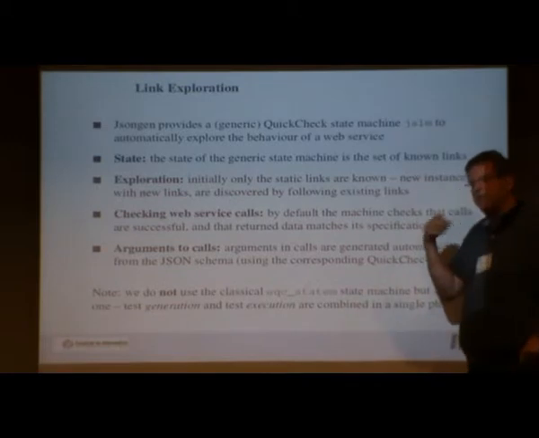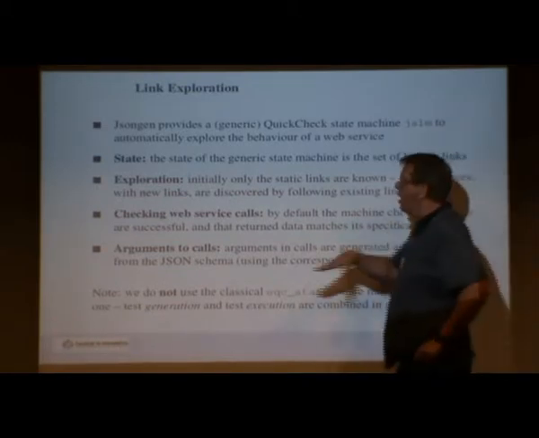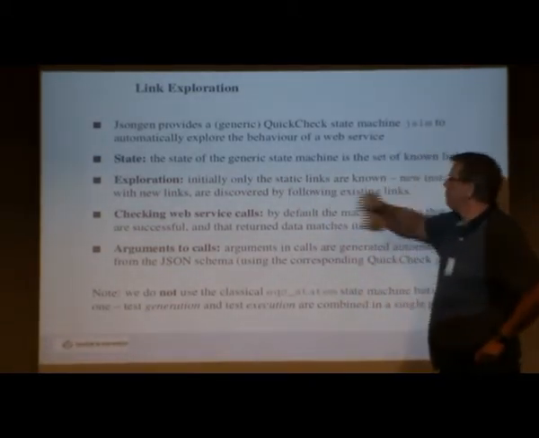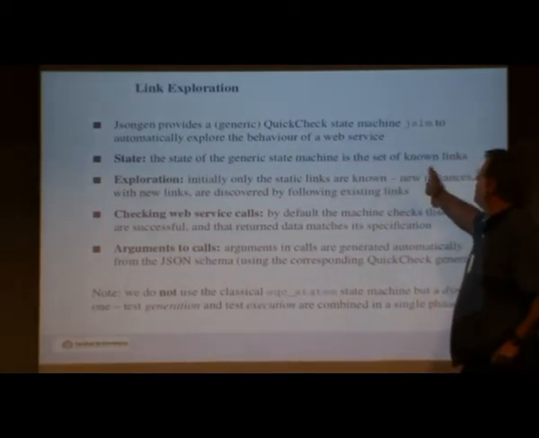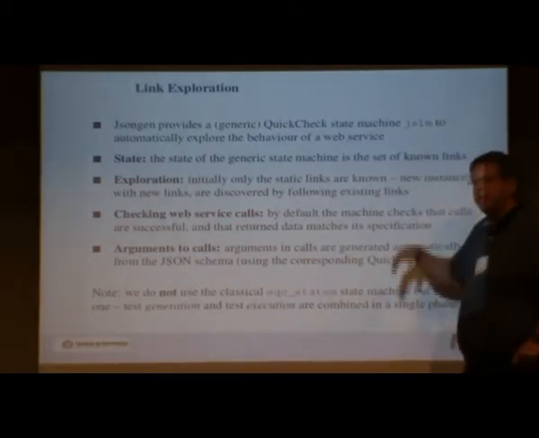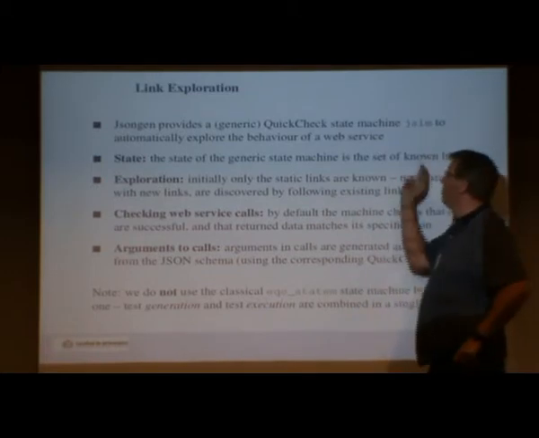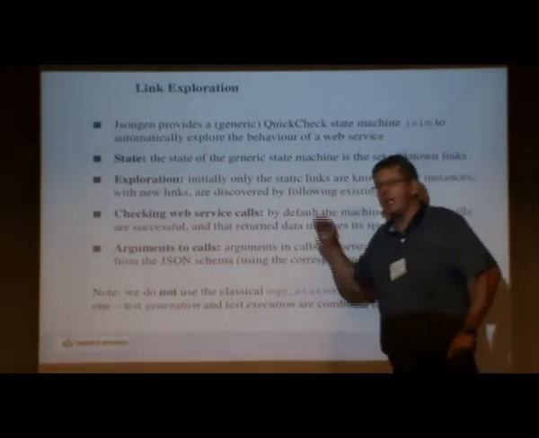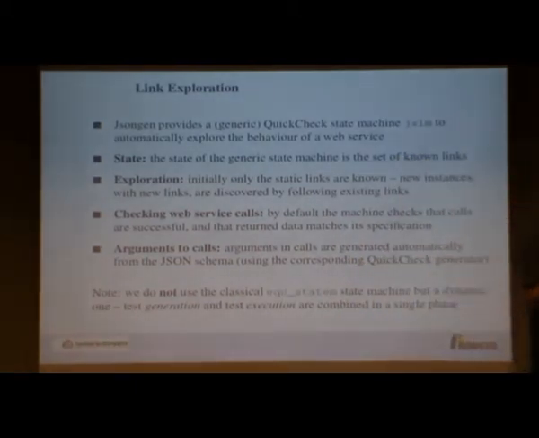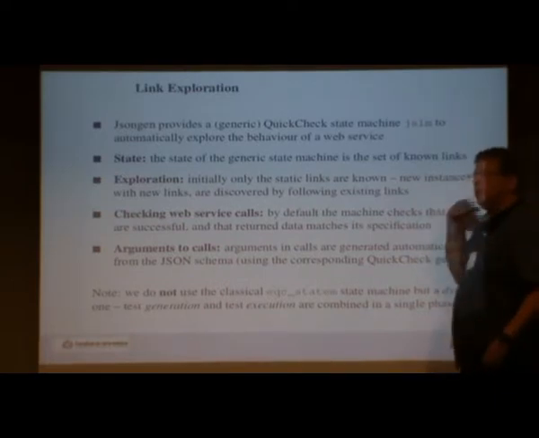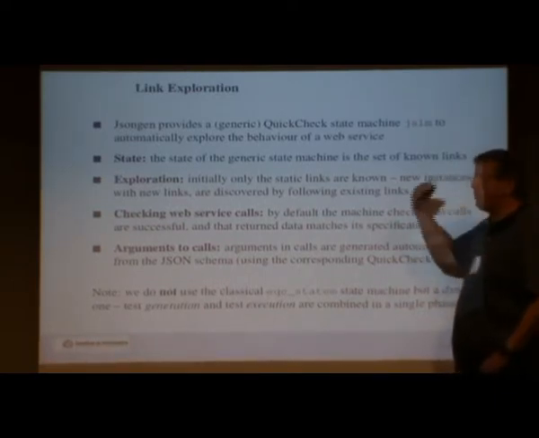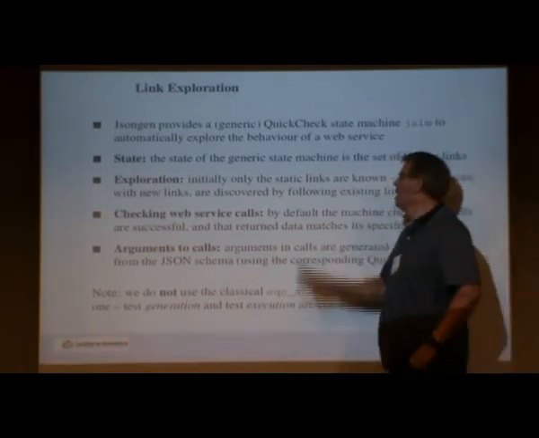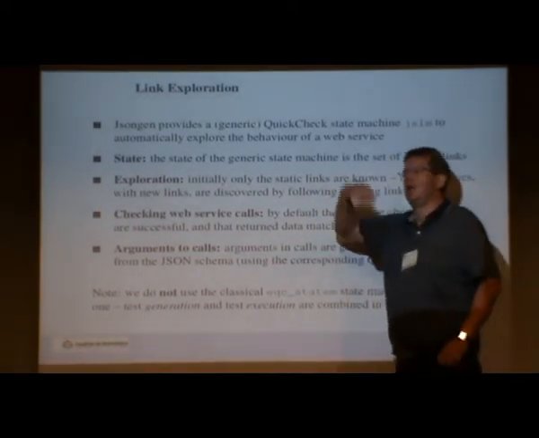The state of this state machine, for those who know QuickCheck state machines, is in some sense no more and no less than the set of known links, or the URIs, whatever you want to call them. And how do we explore? Initially we begin with the static links, the ones that don't require us to have any objects. Then using those static links we encounter new objects, and we are able to follow dynamic links as well, and so on. We do this process continuously.